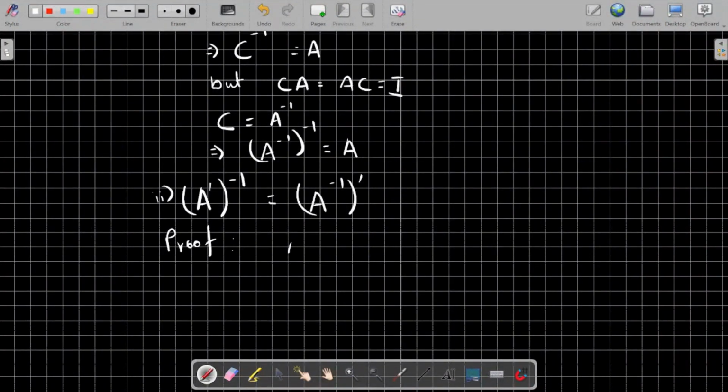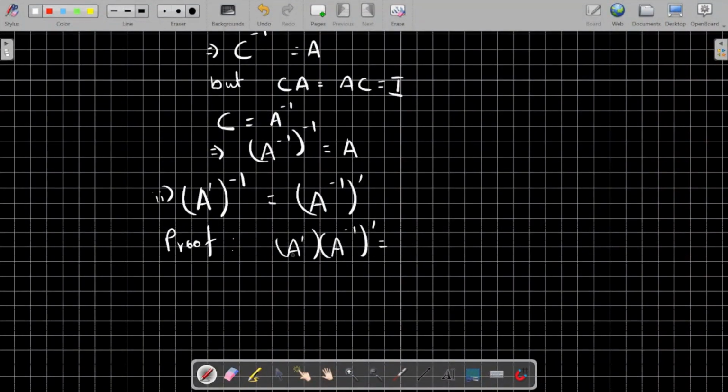So let's start by taking A transpose into (A inverse) transpose. Now if we remember the property of transposes, where (A into B) whole transpose is equal to B transpose into A transpose, that was one of the properties that we discussed in a previous video about transposes.